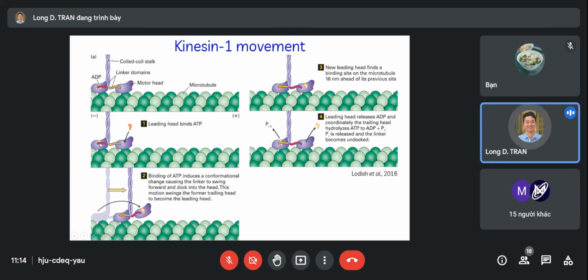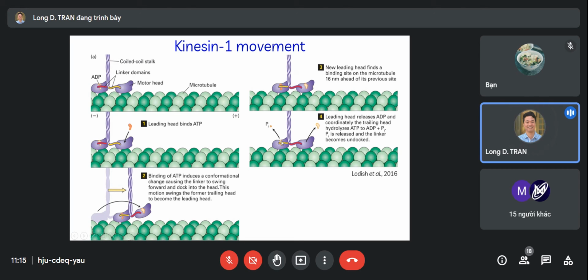While the original leading head, which now becomes the trailing head, will hydrolyze ATP and release the phosphate. And when it binds to ADP, it binds loosely to the microtubule. So we have the alternating states of strong binding of the leading head when it is not bound by any nucleotide, or when it binds to ATP, and loose binding when it is bound to ADP.